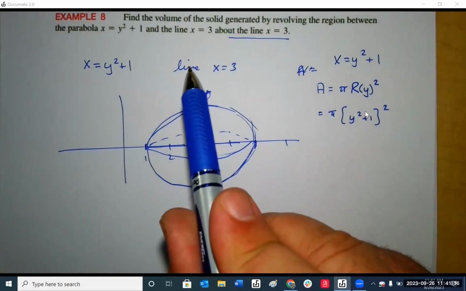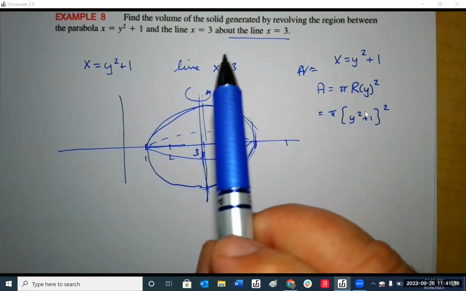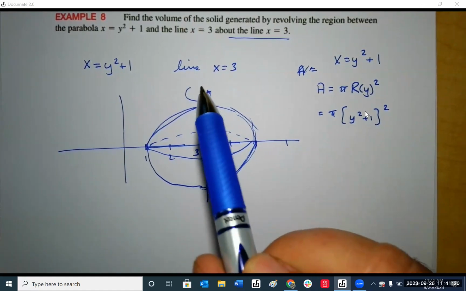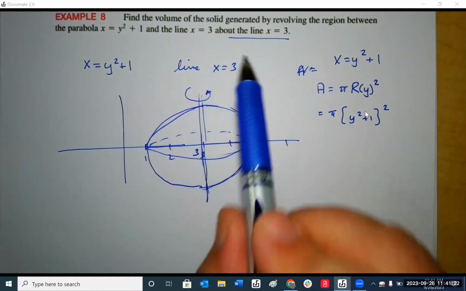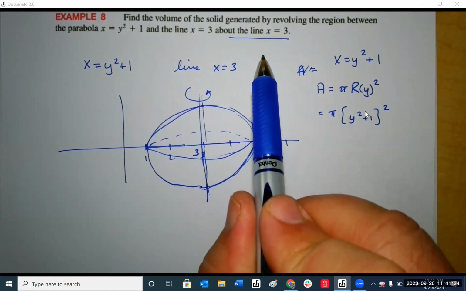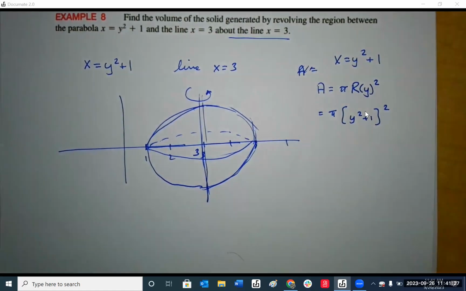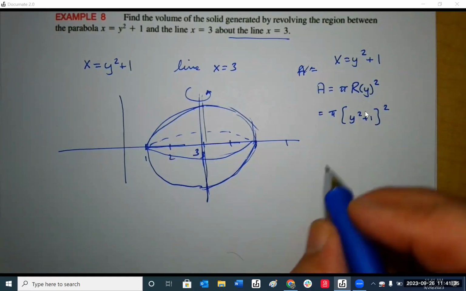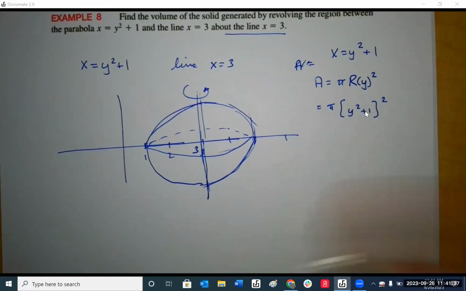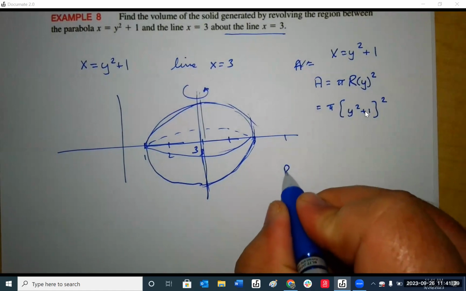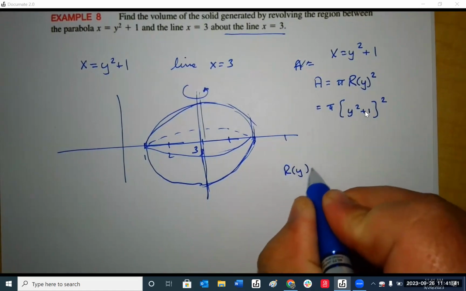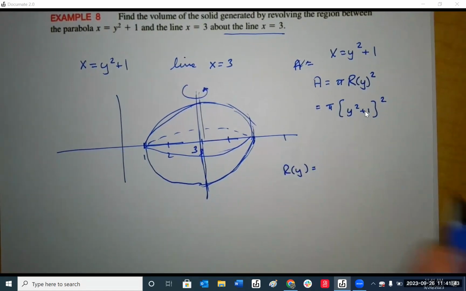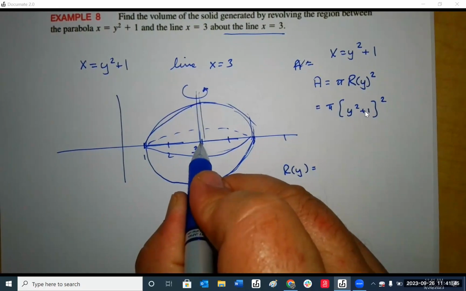This is, let me see, it says parabola x equals y squared plus 1, and the line there. It's shifted over to 3. So r is shifted over to 3.